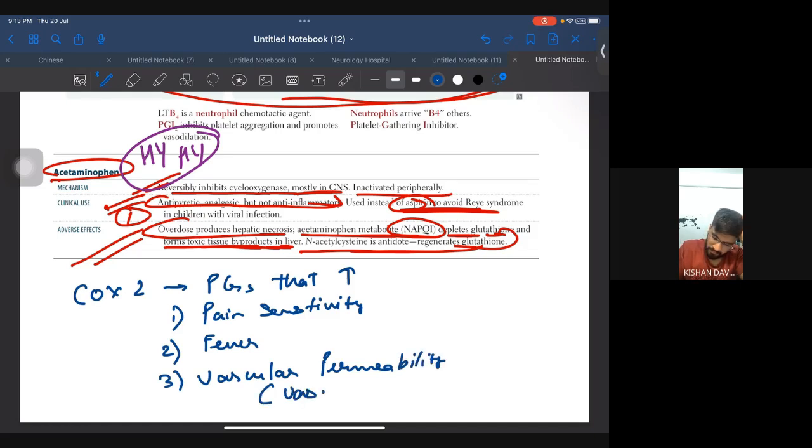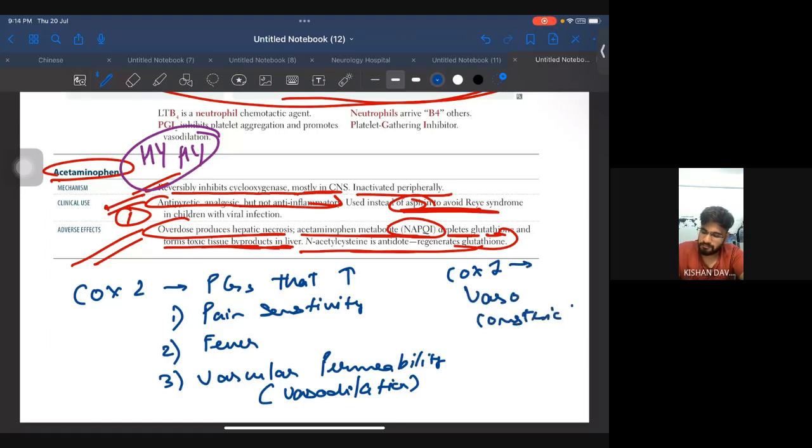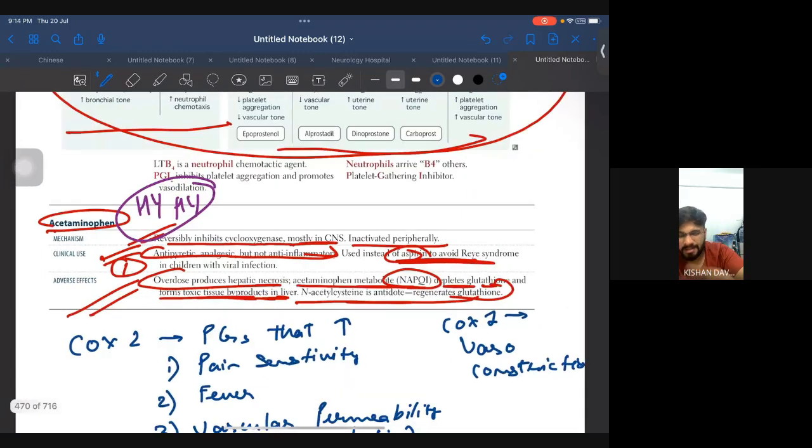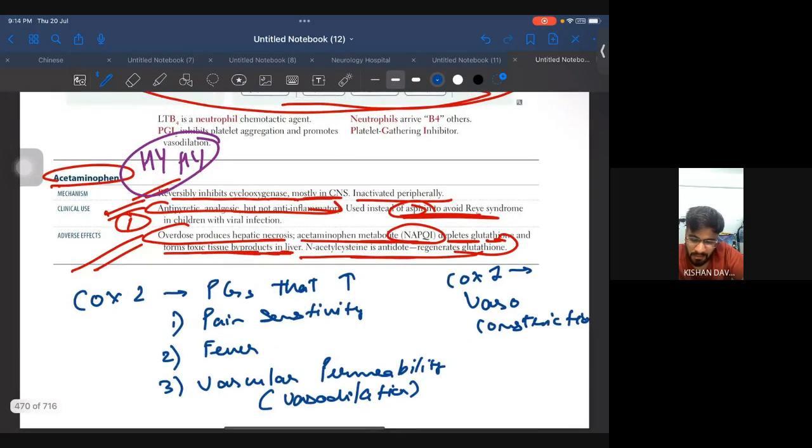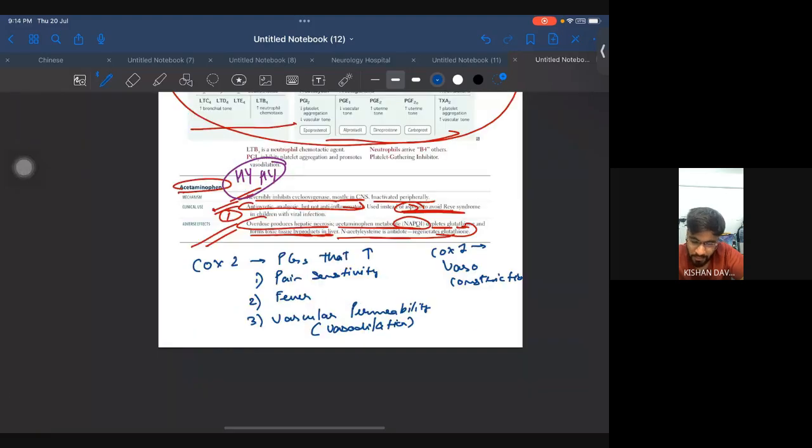So it will be vasodilation. And that's it. And COX-1 is responsible for vasoconstriction. So this is the general information that I wrote down during my preparation. You can also note it down if you want to.